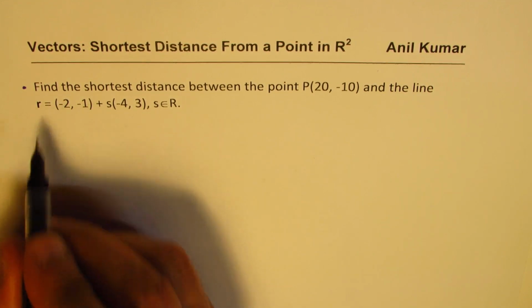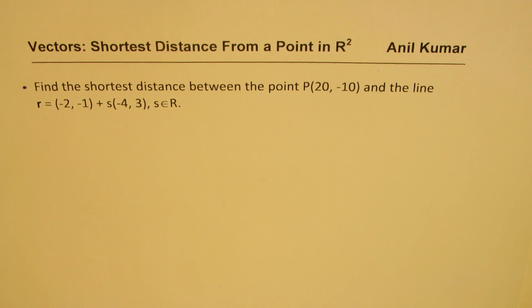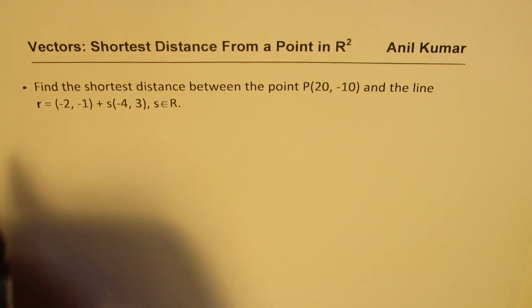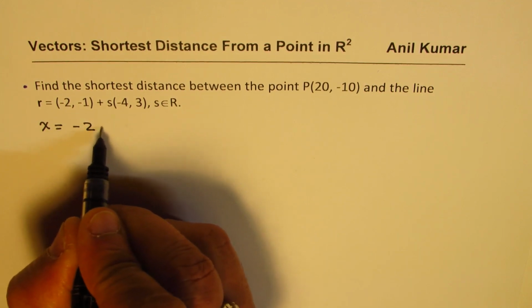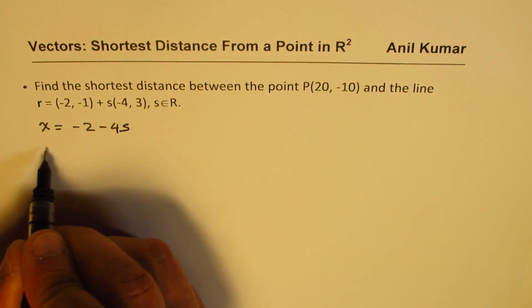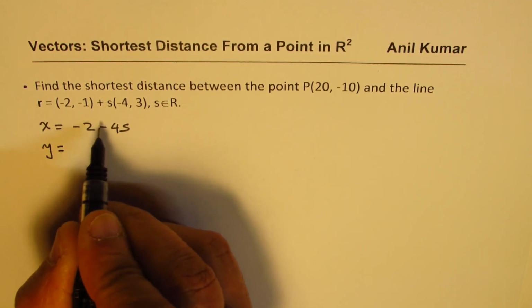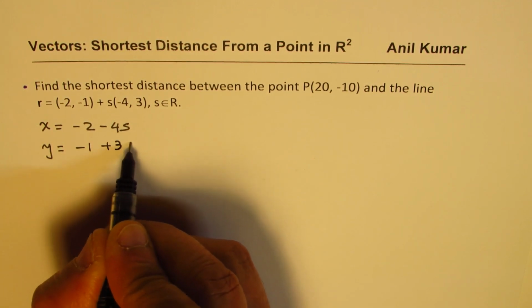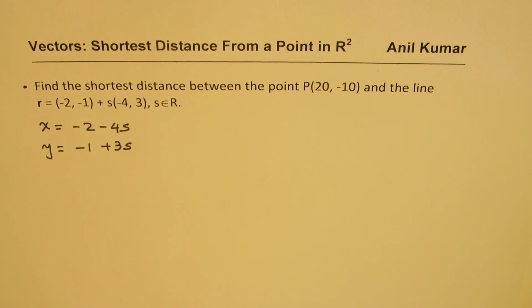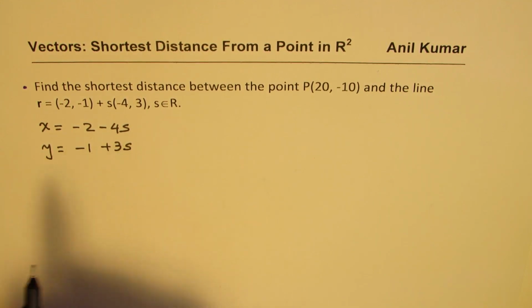So from the given equation, we could actually write x value as minus 2 minus 4s, the y value as minus 1 plus 3s, correct? So we kind of get the parametric form from here.